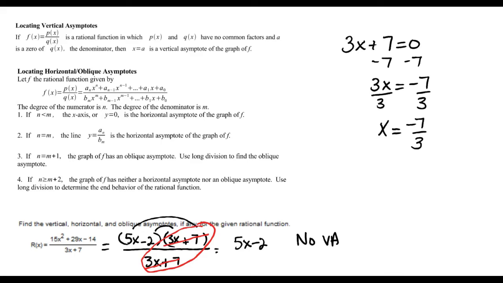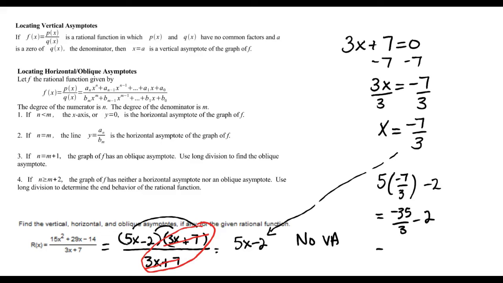If I substitute this value into the simplified rational function, that's going to become 5 times negative 7/3 minus 2. That's negative 35 over 3 minus 2. I'm going to get a common denominator: negative 35 over 3 minus 2 over 1, multiplied by 3 over 3 since that's the common denominator.